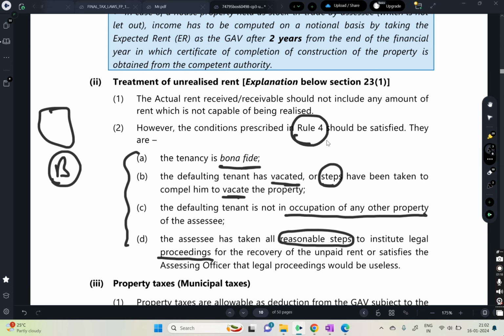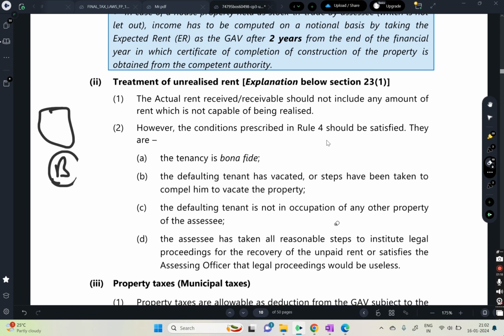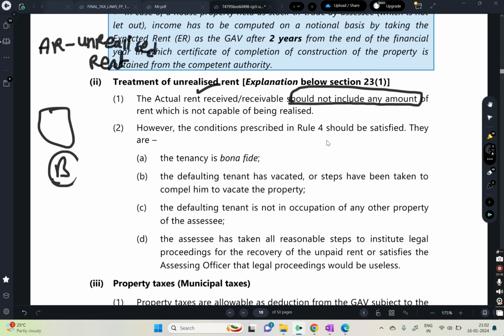If all these conditions are satisfied, then Rule 4 is satisfied. Then you should not include the unrealized rent: actual rent minus unrealized rent. If you did not receive for 1 month, take only the 11 months. But this is when Rule 4 is satisfied.